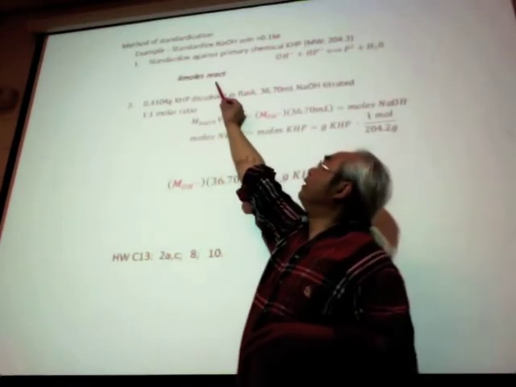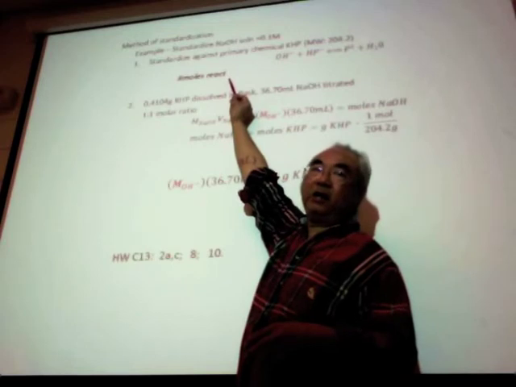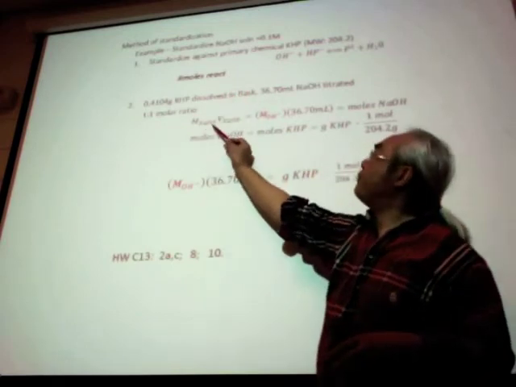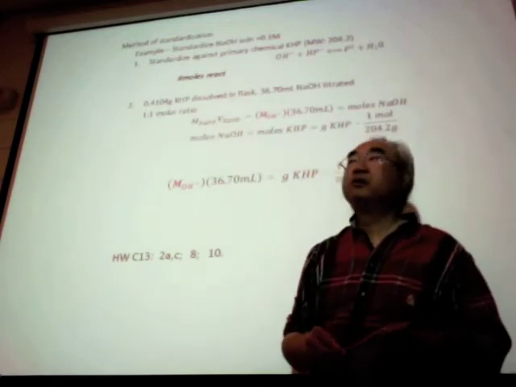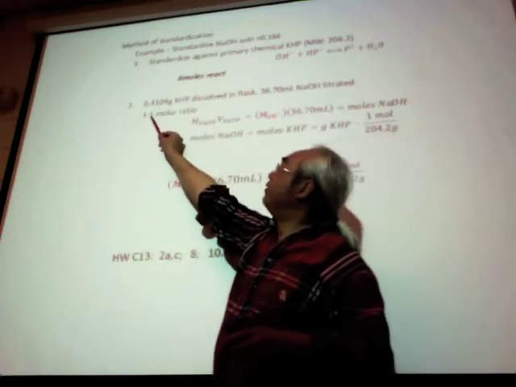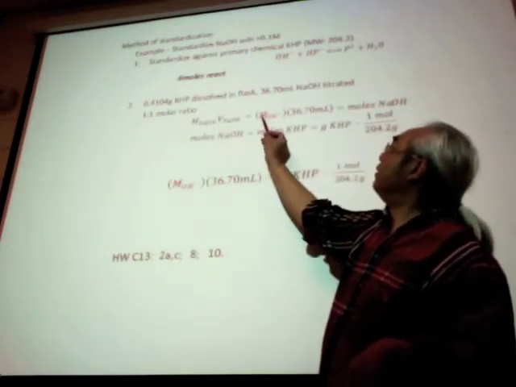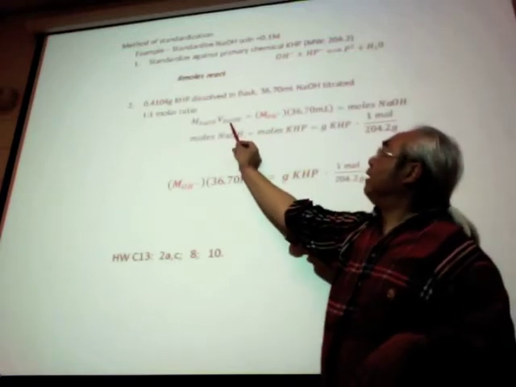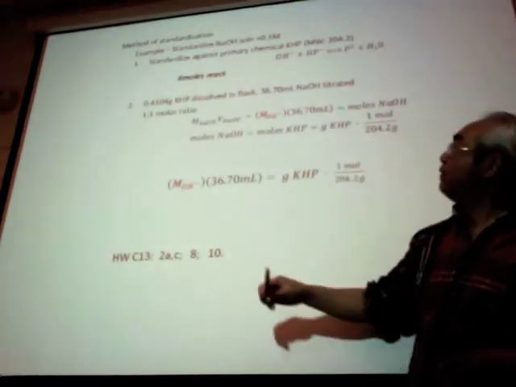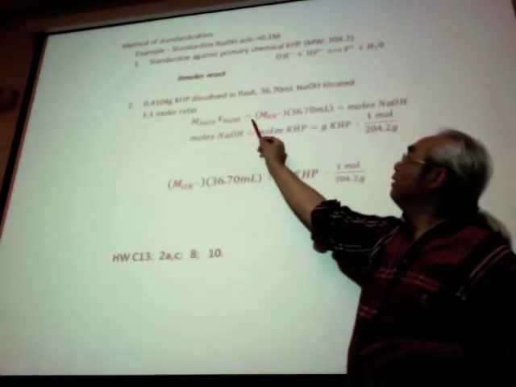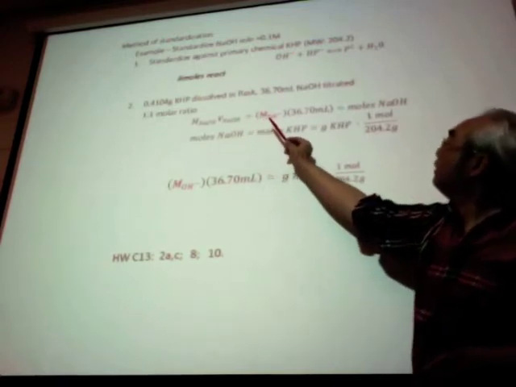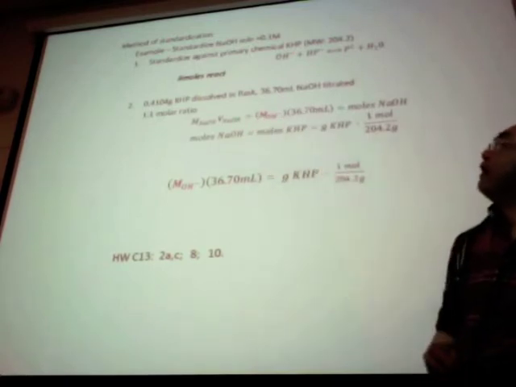So now follow the keywords, number of moles relationship. MV is the number of moles, and the number of moles relationship is 1-to-1. So MV, the number of millimoles of sodium hydroxide, is equal to this multiplied by that, right?